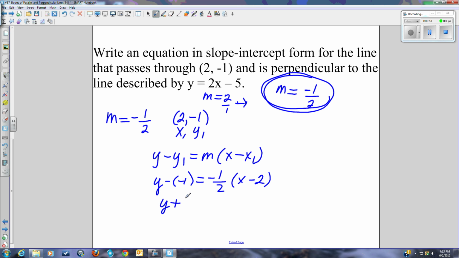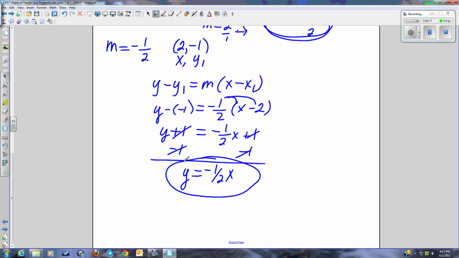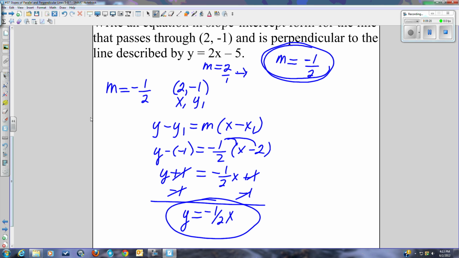Two negatives become a positive, so we get y plus 1. Use the distributive property, so we have negative 1/2 x. Negative 1/2 times negative 2 is positive 1. We want to get y alone, so we're going to subtract 1 from each side. Hey, the ones all cancel out. So we end up with y equals negative 1/2 x, and that is the line that's perpendicular to the equation y equals 2x minus 5 and passes through the point (2, -1).